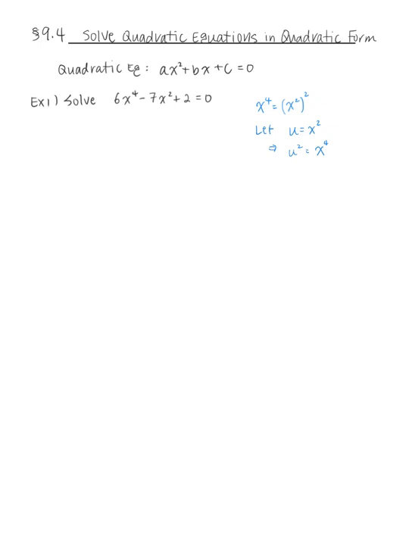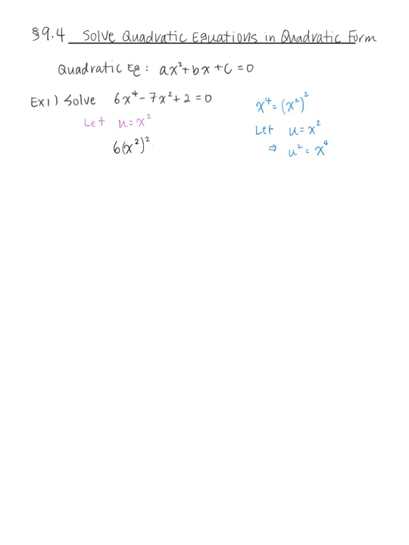So let's take a look at example 1, and let's try to rewrite this by using the u substitution. I'm going to start out like this: let u equal x squared. Then do you see that we can rewrite this equation as 6 times x squared to the second, but x squared is nothing but our u.